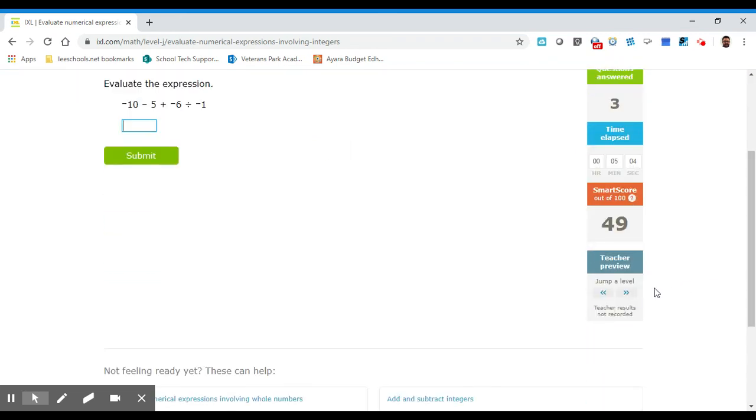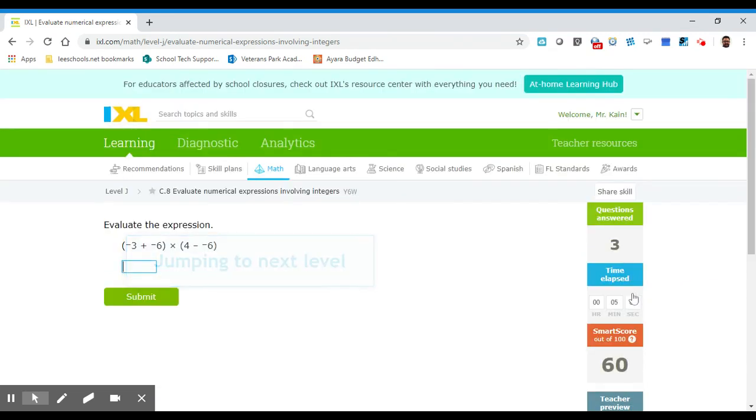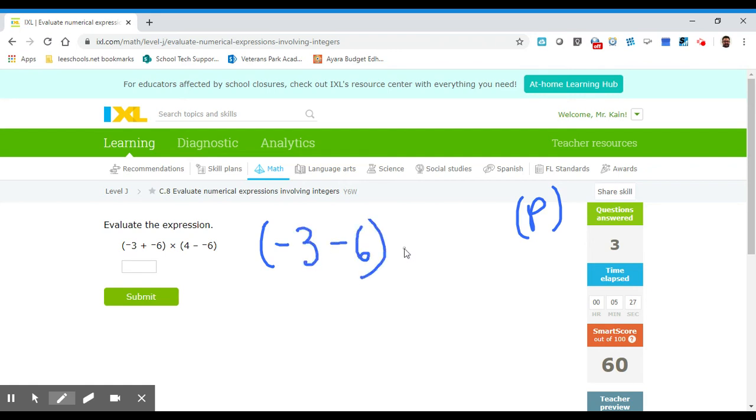Okay, let's go ahead and jump up another level here. Let's go all the way up to 60. Okay, so now we have a couple sets of parentheses. So when we're going through the process, is there any parentheses? Yes, there is. We're going to do whatever comes first, left to right. So in this parenthesis, we have -3 plus minus 6. So that's the same thing as -3 minus 6, times.